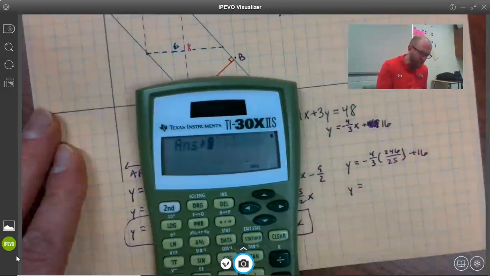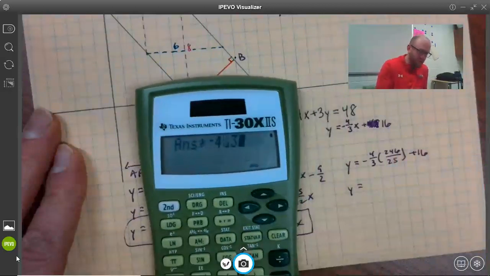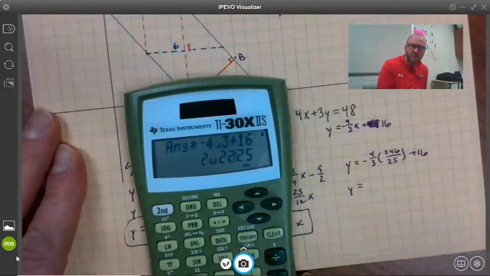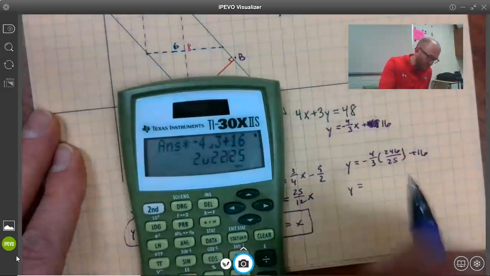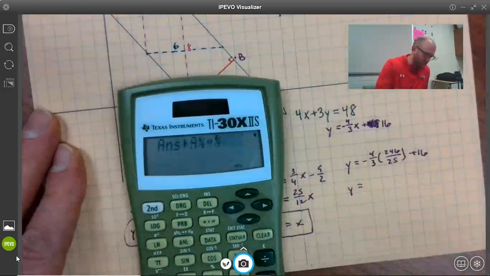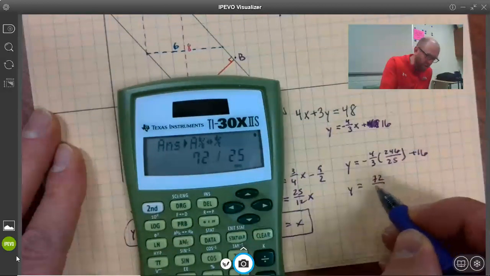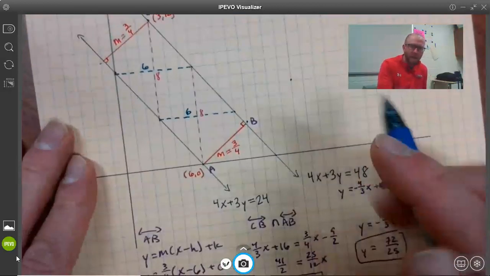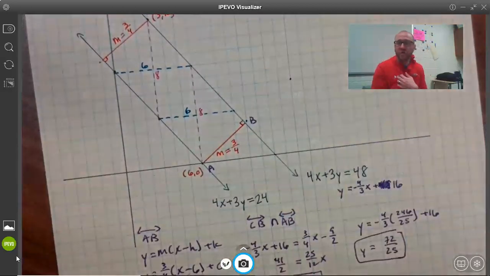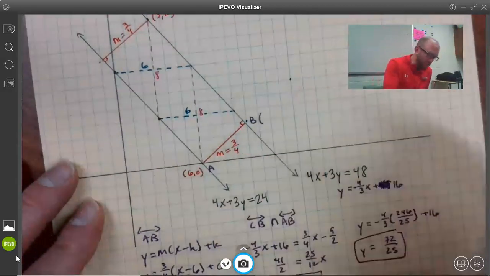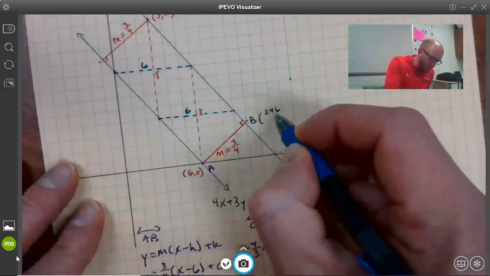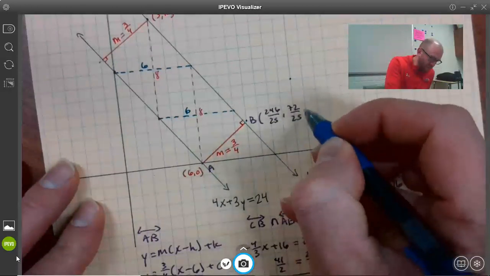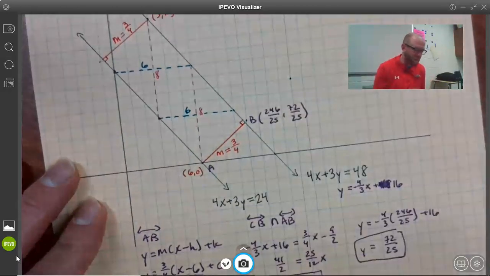Negative 4/3 times 246/25 plus 16 gives us 2 and 22/25, which is 72/25. Let's see if that pans out. Look here, 1, 2, and just a little shy of 3, so that works. So the location of point B is (246/25, 72/25). That's really ugly coordinates there.